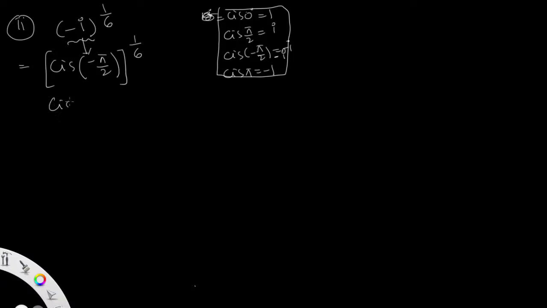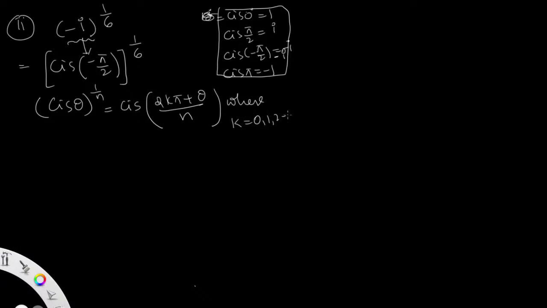Now it is in the form (cis θ) to the power of 1/n, which is nothing but cis of (2kπ + θ)/n, representing n values, where k = 0, 1, 2 and so on up to n − 1. In a similar way, substitute: θ is −π/2 and n is 6.